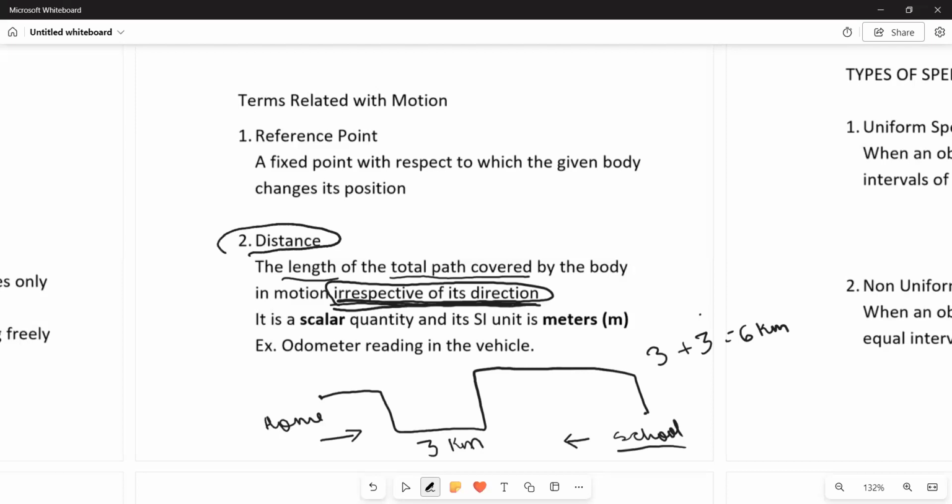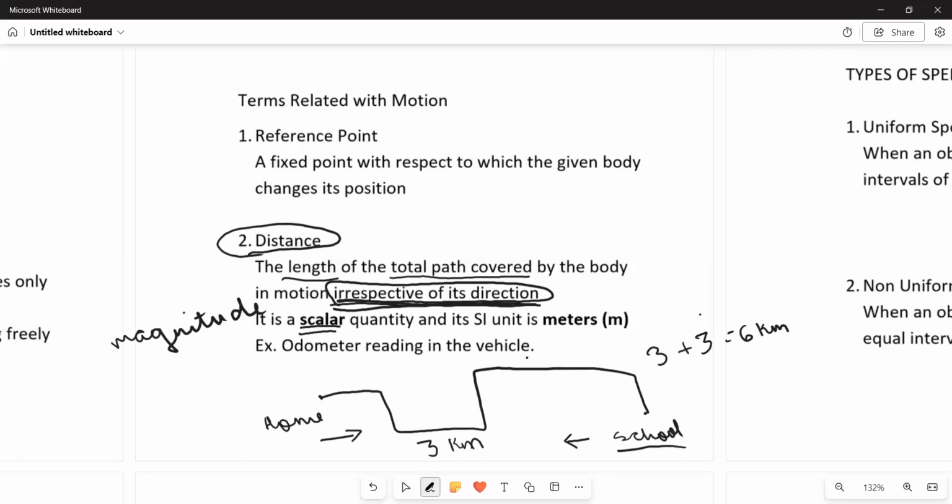between any two objects. So as the direction is not taken into consideration, this quantity, which is the distance, becomes a scalar quantity, means it only has magnitude and there will be no direction.